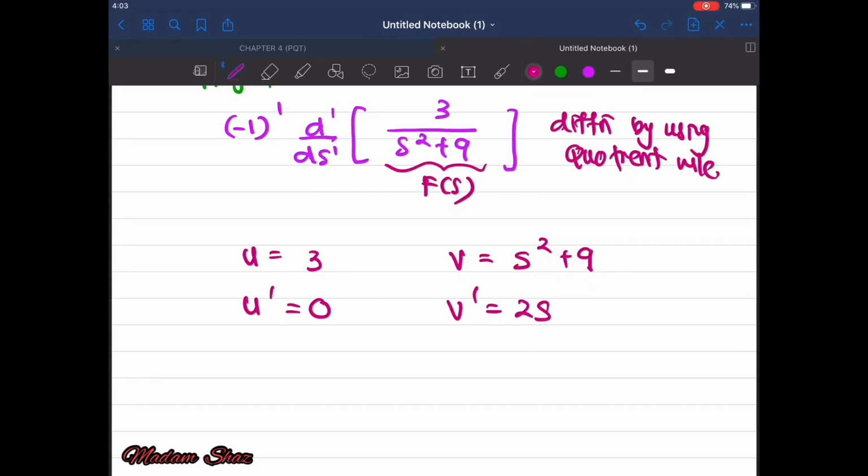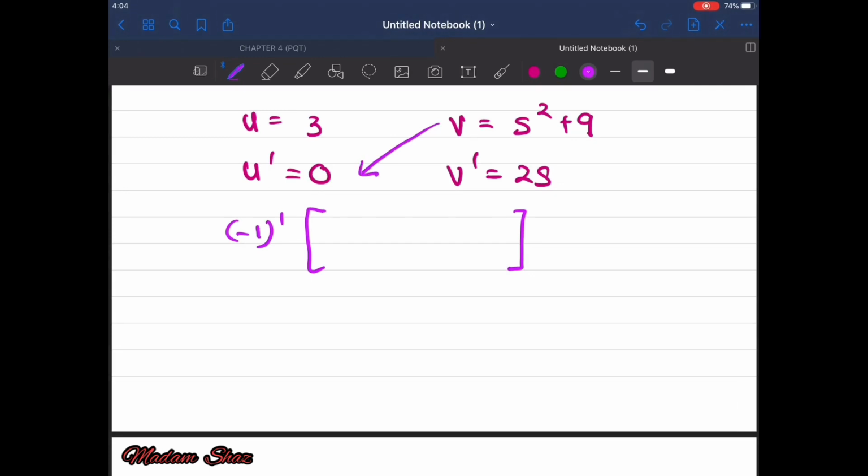So now apply the formula for the quotient rule. Negative 1 the power of 1, we just copy back negative 1 the power of 1. You have here d1 over ds1, which means that you only have to differentiate one time. Write the answer for the quotient rule in this bracket.